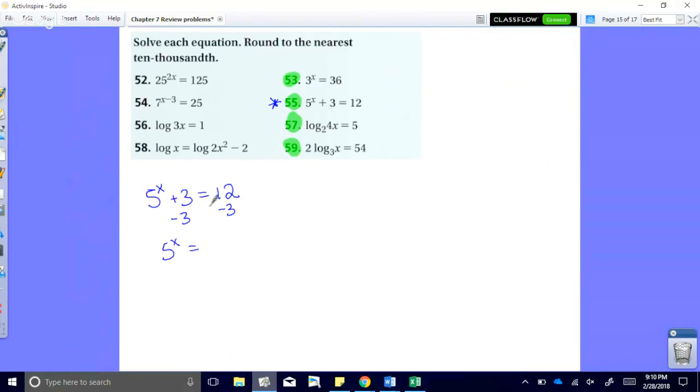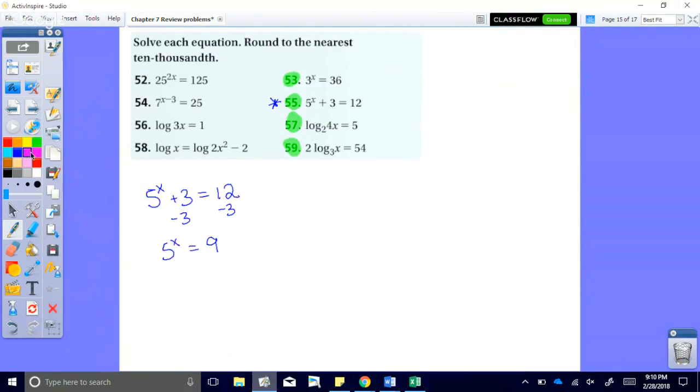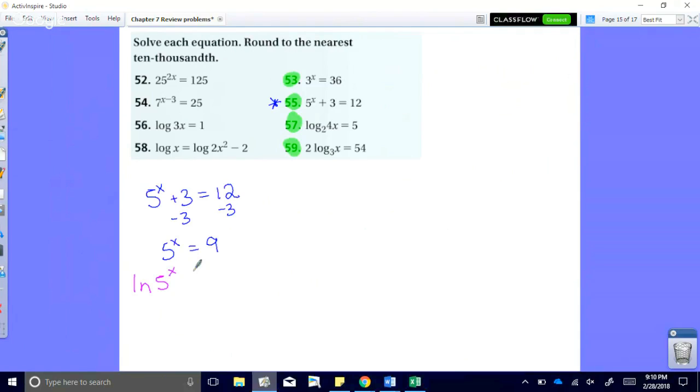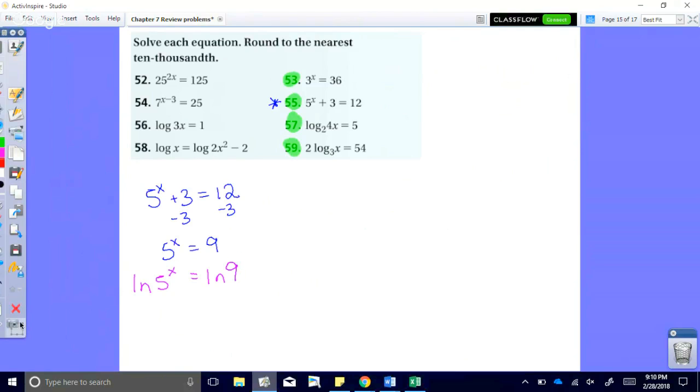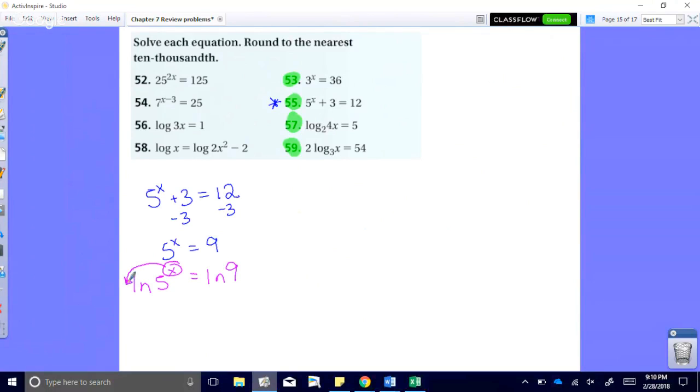So 5 to the x is now equal to 9. Okay, we're then going to take the log or natural log of both sides. And when we do that, the exponents we can write out in front. So we have x times the natural log of 5 is equal to the natural log of 9. And the final step is we divide by the natural log of 5.